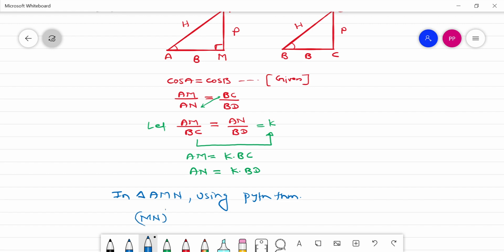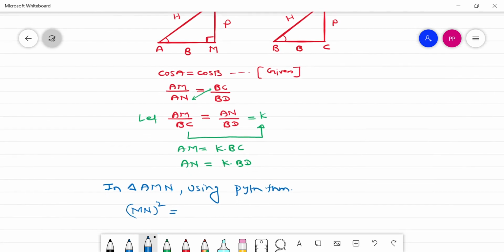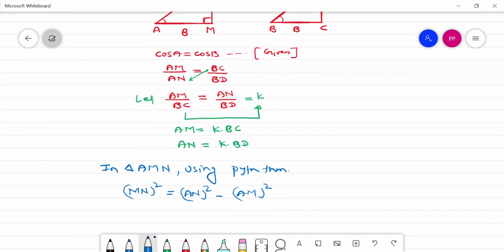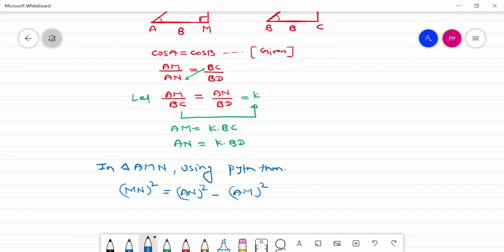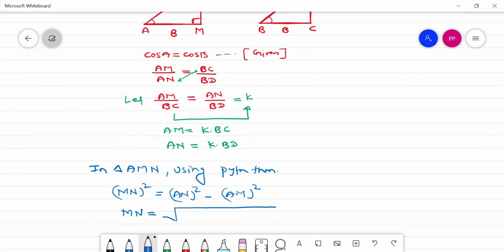So MN square is equal to hypotenuse square, that is AN square, minus AM square. Fine. Therefore taking square root on both sides, we get MN is nothing but root of AN square minus AM square.